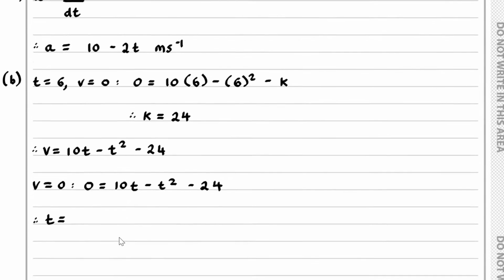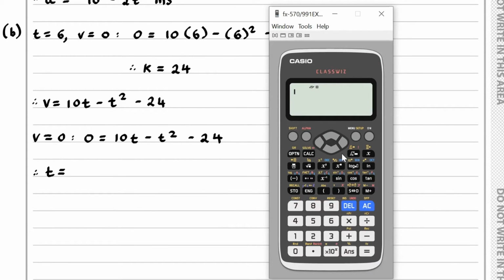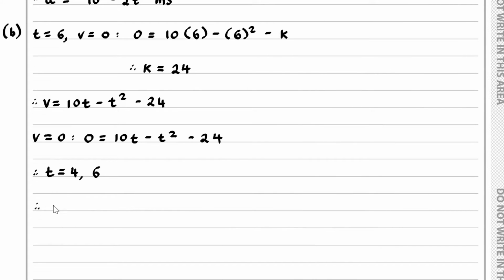If we use our calculator to solve this quadratic, we have minus 1t squared plus 10t minus 24, from which we can see t is equal to 4, t is equal to 6. And so therefore, we have t equals 4 seconds. That's the other value of t.